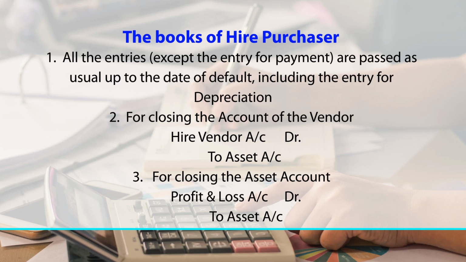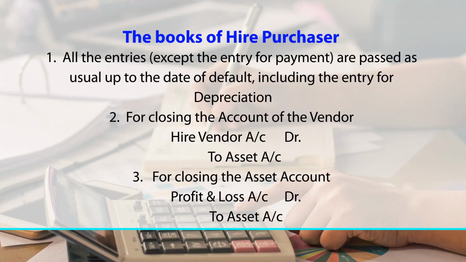So, in order to leave this transaction of making payment, for closing the accounts of the hire vendor, the hire vendor has already taken a decision to take the entire goods back. Therefore, the hire vendor will close the accounts of the hire purchaser, and the hire purchaser would also close the accounts of the hire vendor.